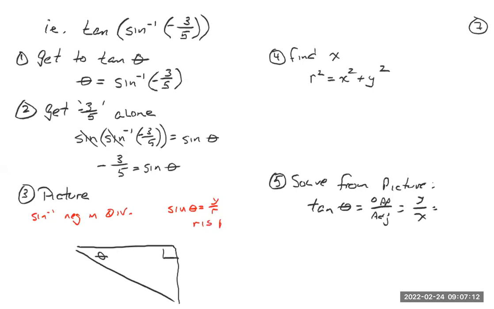R is positive. So I have -3 over +5. And I'm going to go searching for x.